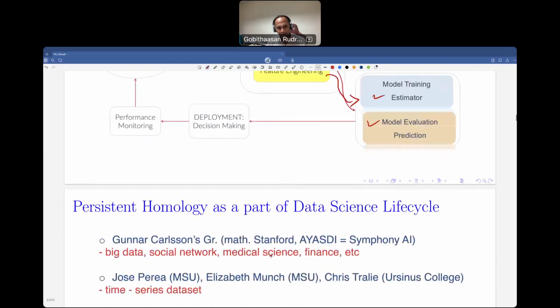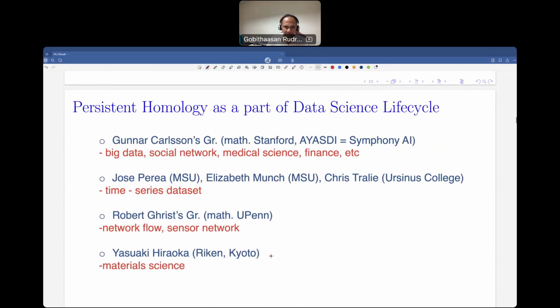Now, a little bit on persistent homology. For example, Gunnar Carlsson, one of the co-founders of persistent homology and also the Mapper algorithm.